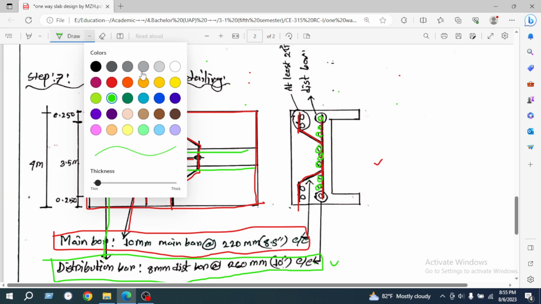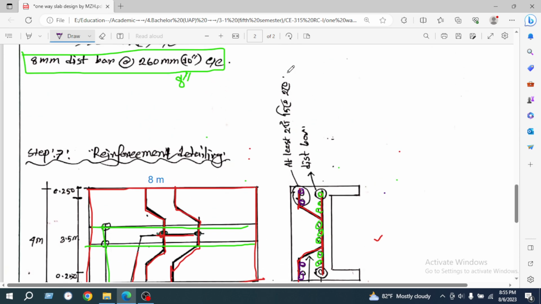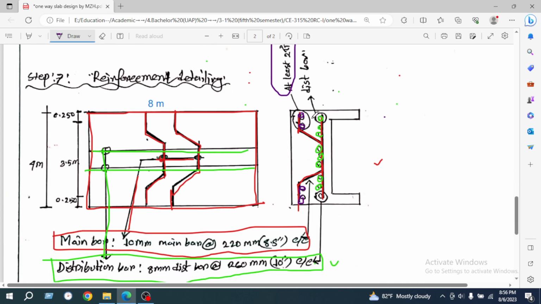Another thing, we have used at least two bars at the top of the joint or support, at the beam or column support, because there are many shears, and this reinforcement will resist shear and torsion.